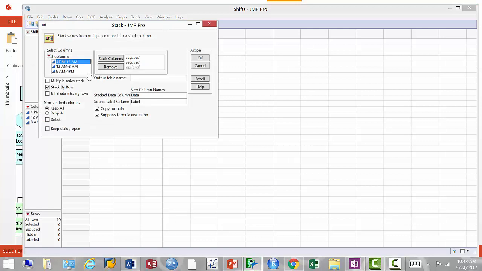I'm stacking these 3 shifts, and let me rename the columns. I'm going to get 2 columns, one with the actual data, another saying which shift it came from. The data I'm going to call ratings, and the label for the data I'm going to call shifts. And when I click OK, there it is.